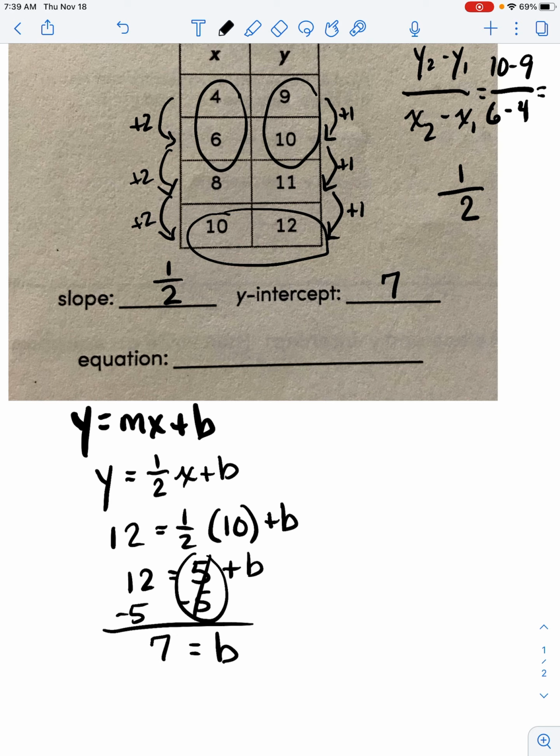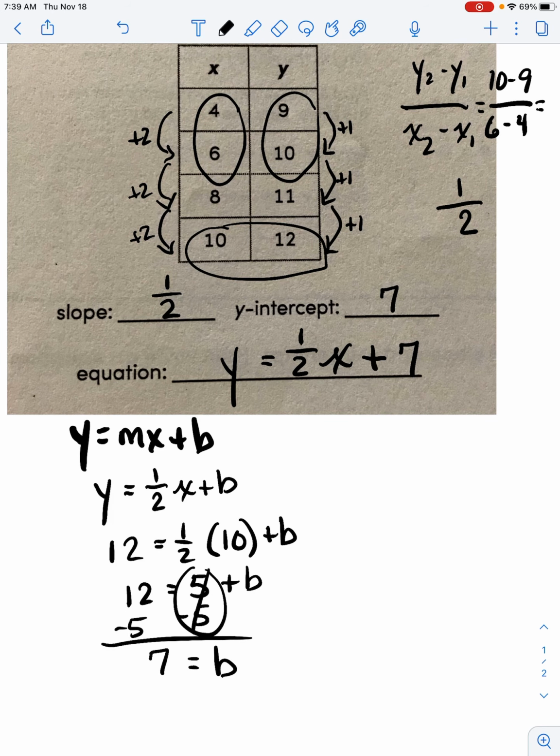And now we can write our equation. If y equals mx plus b, we have y equals 1/2 x plus 7. Now, just to be sure, let's take 4 and 9 to plug it in, just to be sure that our equation is right.